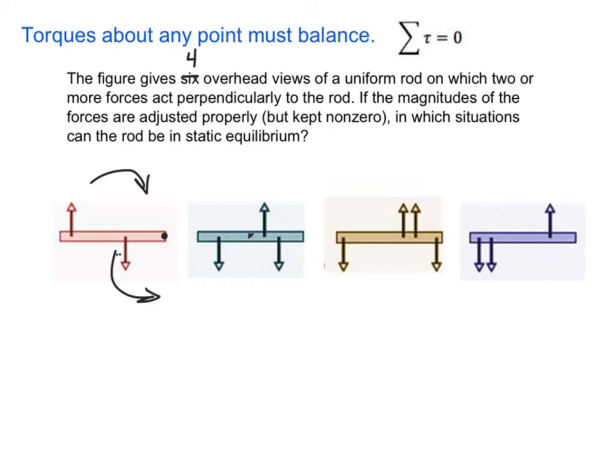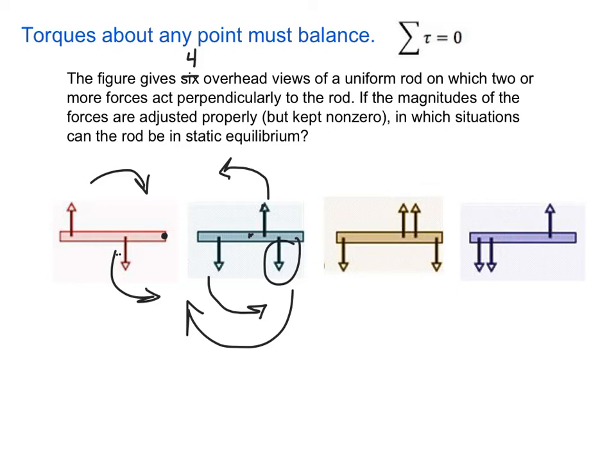This one here, I could pick a point like this, and I could imagine a situation where this force causes this type of rotation, a counterclockwise. This one here also causes a counterclockwise. But if this force is big enough, since it causes the opposite rotation, a big enough torque, the system could possibly be balanced.